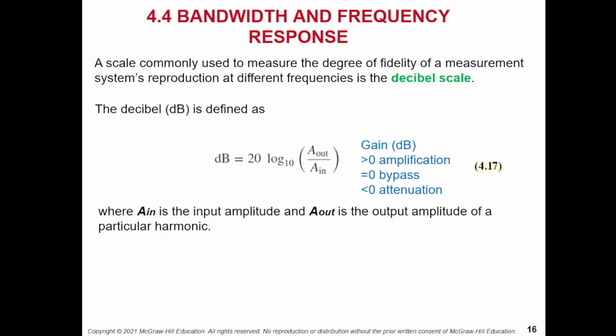Let's take this as an example. When this is one, the definition of the dB is 20 log 10 times 1. So the result should be 0 dB, right? Because 10 to the power of 0 becomes 1. So 0 dB means bypass. That means output is equal to input.